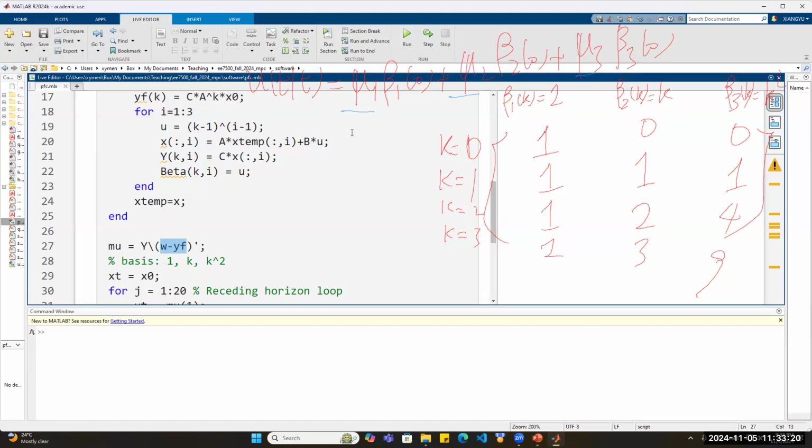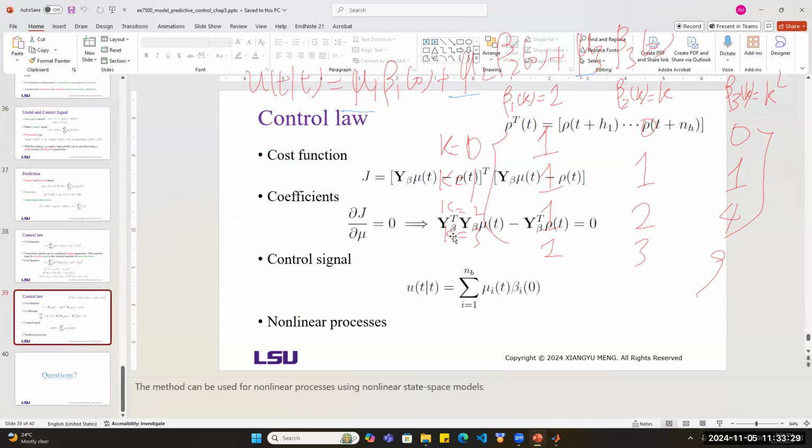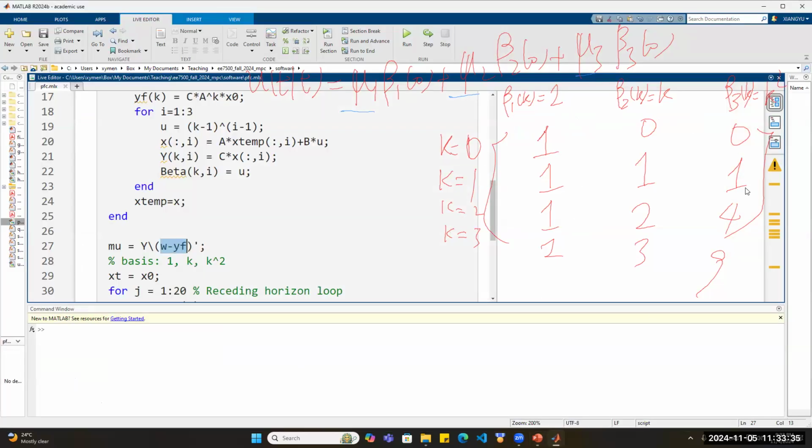So therefore, let me specify this Y beta matrix. This Y beta matrix will be something like this.